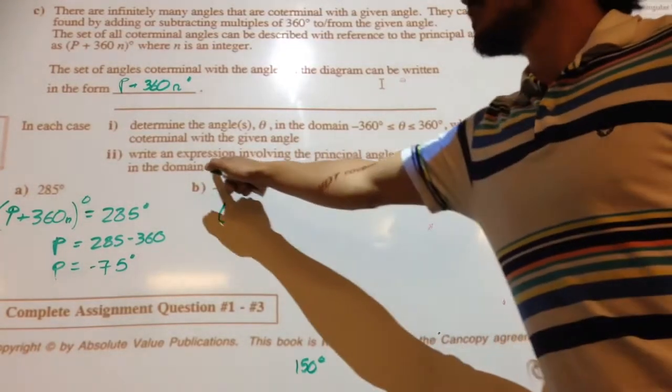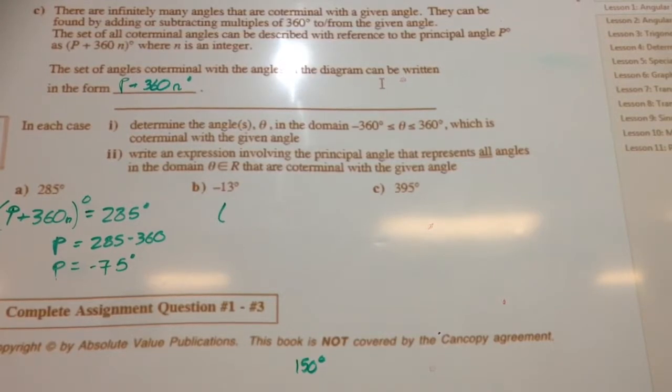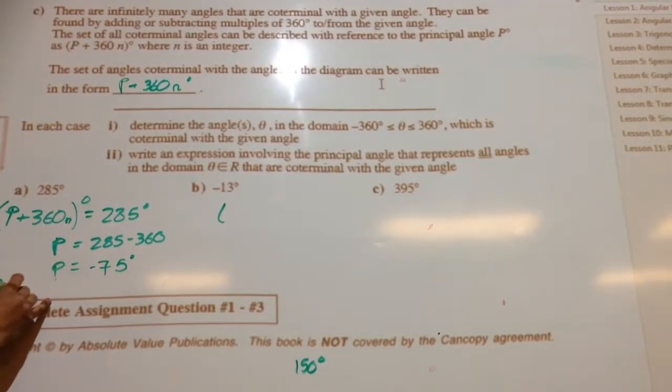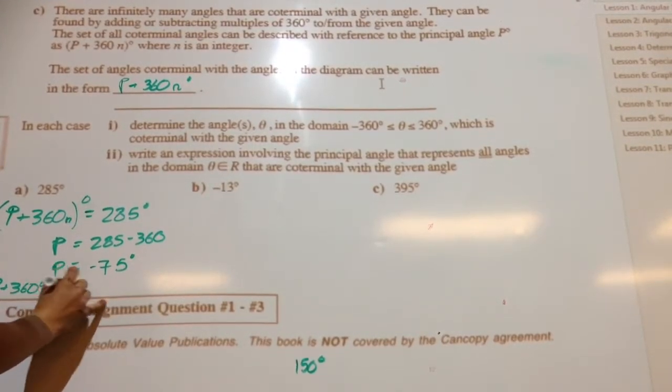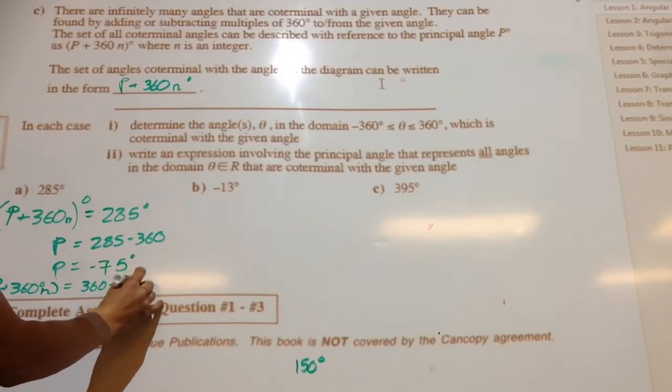The second part is that we want to write an expression involving the principal angle that represents all the angles in the domain. Theta is an element of real numbers that are coterminal with the given angle. So what we'd have to do is go P plus 360 degrees N, and we go 360 plus 285.